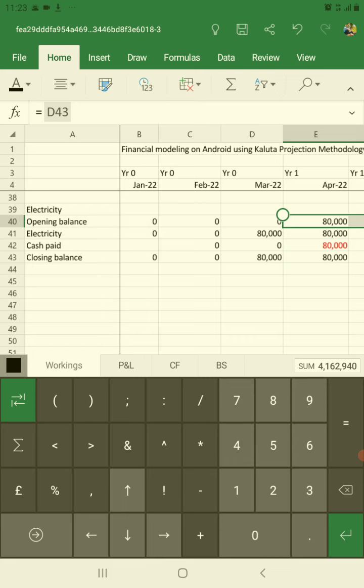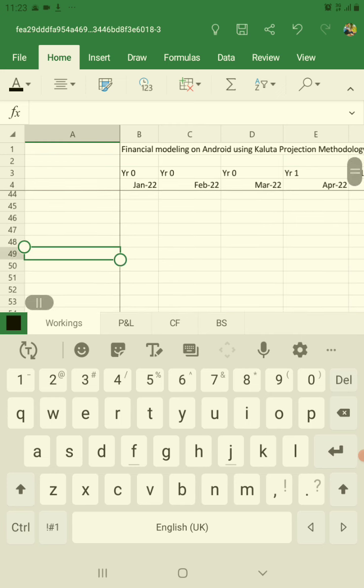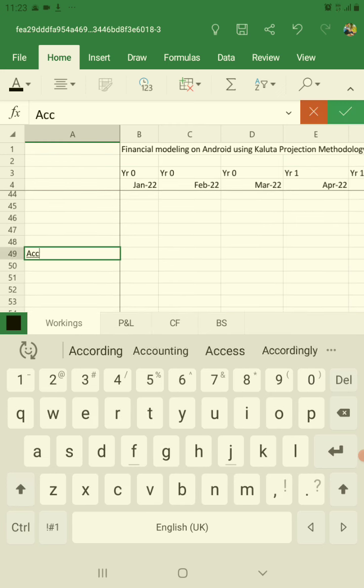Let me put here and then put a line item here called accruals, because I will add different accruals in one place to pick them to our balance sheet figure.